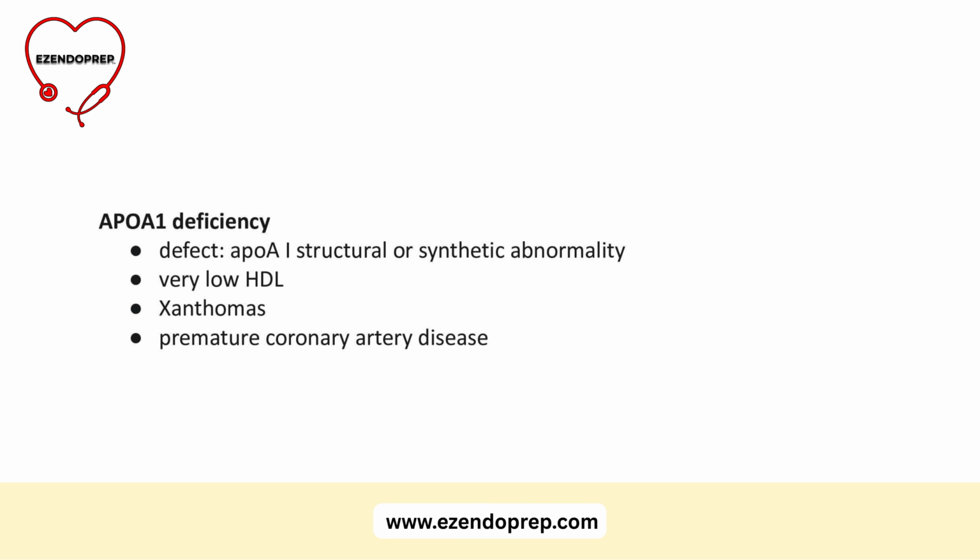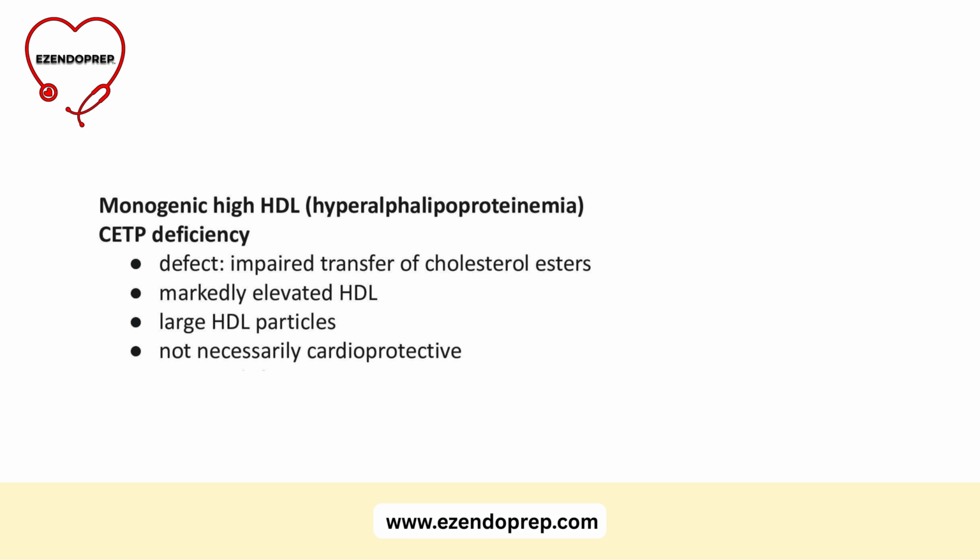And the third hypoalpha-lipoproteinemia they mention is ApoA1. ApoA1 deficiency due to a reduced or defective ApoA1 synthesis or structure. There is low HDL, xanthomas, premature coronary artery disease. Now, in the 5 conditions that they mention for high HDL, CETP deficiency.